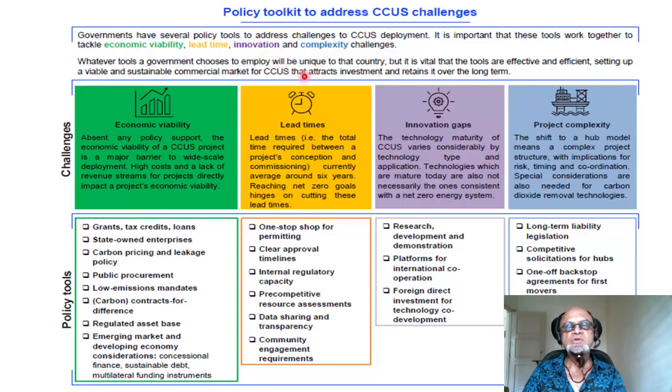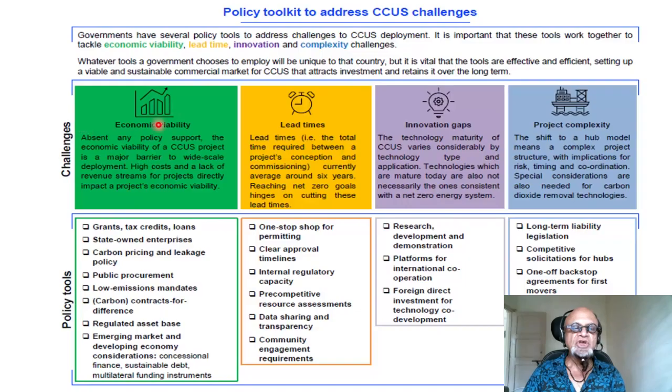Whatever tools a government chooses to employ will be unique to that country, but it is vital that the tools are effective and efficient, setting up a viable and sustainable commercial market for CCUS that attracts investment and retains it over the long term. Okay, so high intervention by the government and government investments also need sustaining it in mainstreaming the budget processes, fiscal policies, and so on. So revenue models still have to be in place, whether it's just through taxes or some other mechanism.